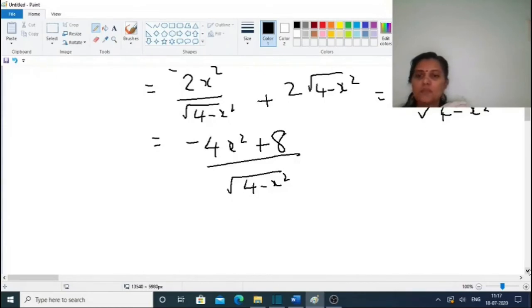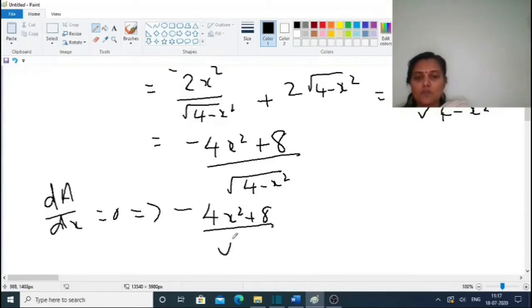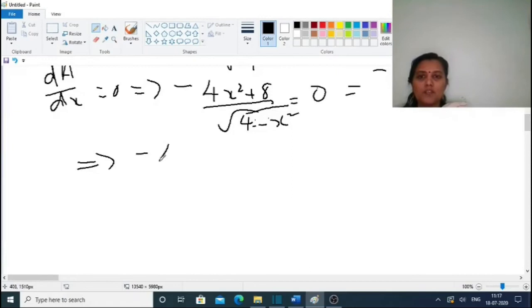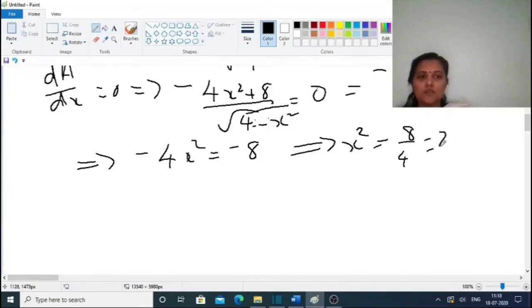When the area is maximum, this will be equal to 0. So dA by dx equal to 0 implies minus 4x square plus 8 equal to 0, which implies minus 4x square equal to minus 8, implies x square is equal to 8 by 4 is equal to 2. That is x equal to plus or minus root 2.